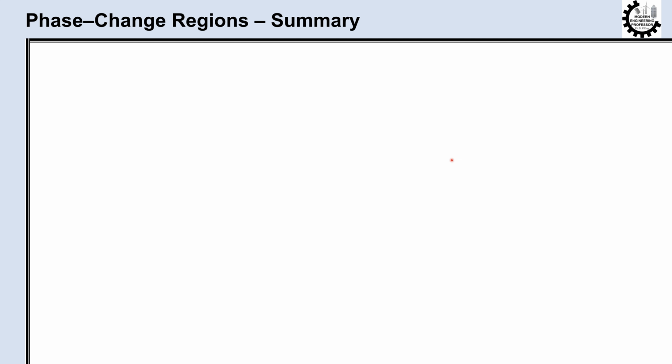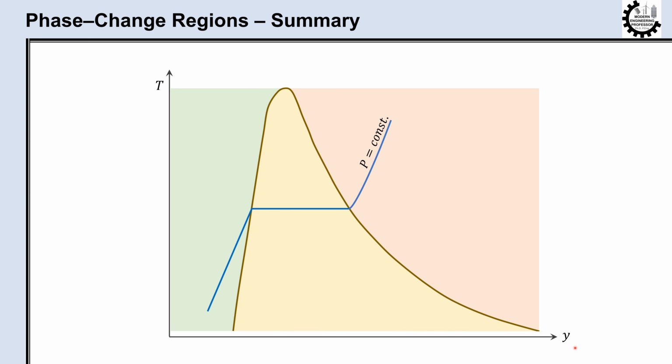We now summarize what we learned about various phase change regions on a T-v diagram. As mentioned before, this discussion is also valid for several other thermodynamic properties, namely y, while y could be specific volume, internal energy, enthalpy, or entropy.